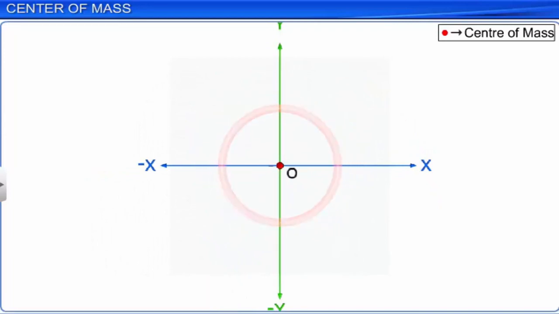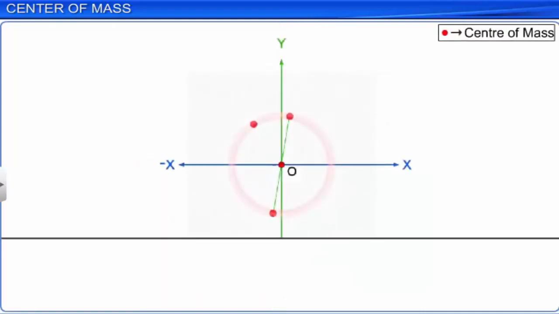If we consider a small element of mass dm in one direction, because of reflection symmetry, there is an identical element of mass dm in the opposite direction. If the coordinates of the first element are x, y, then the coordinates of the other element will be minus x, minus y.